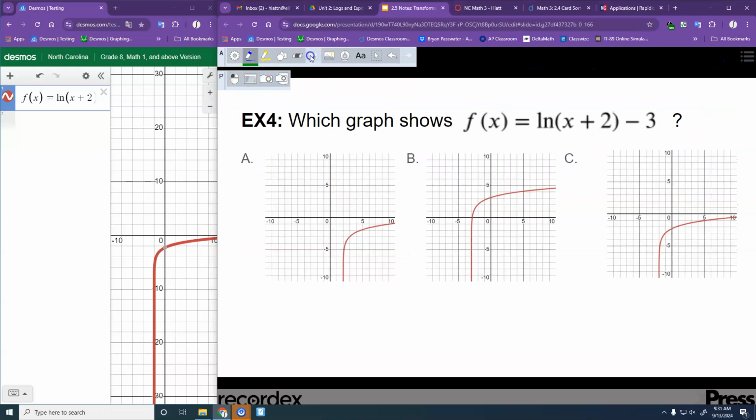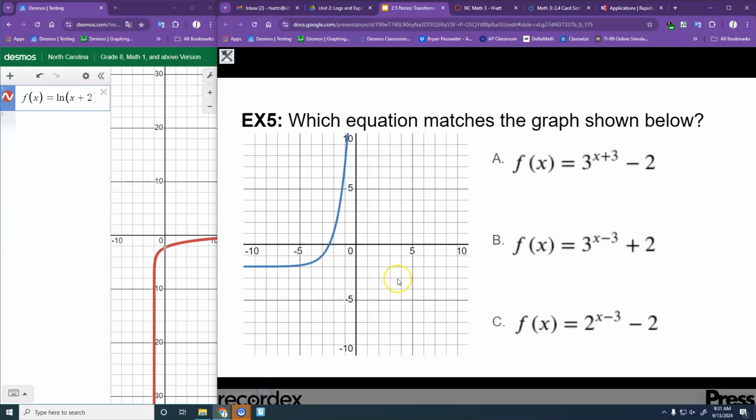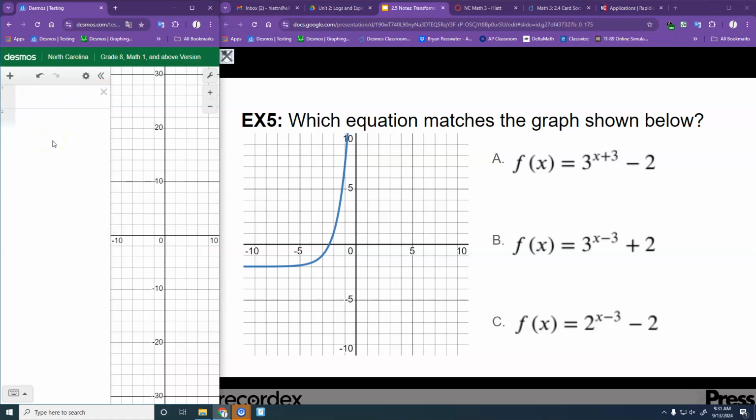All right. Okay. Next problem. I want everybody to try it without Desmos, and then use Desmos. Parent function on this would be y equals 3 to the x.